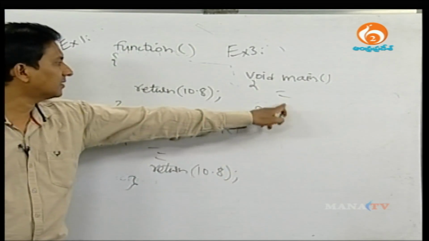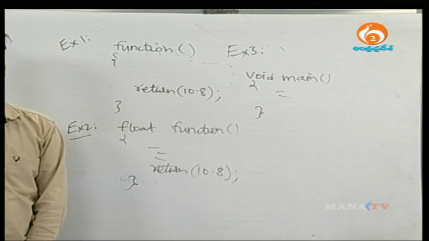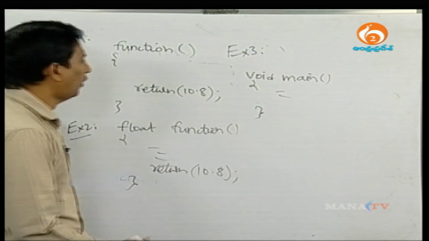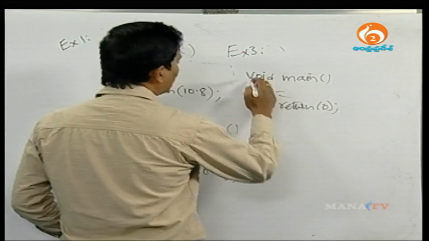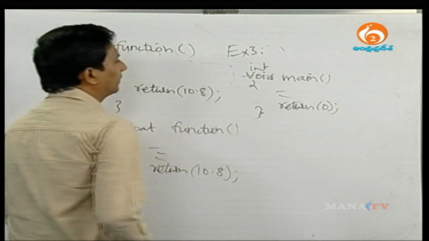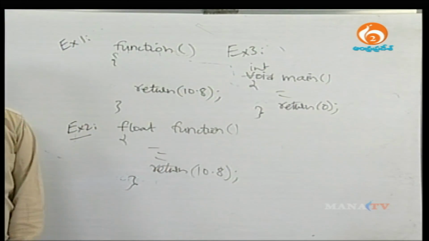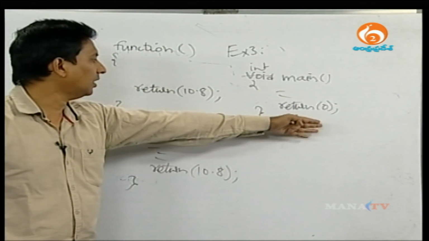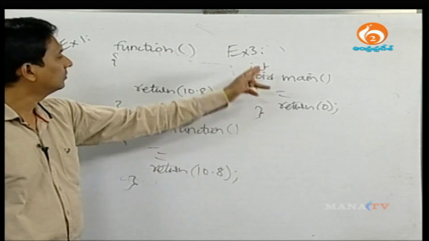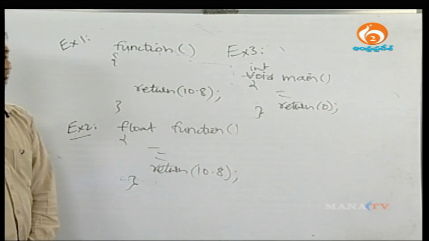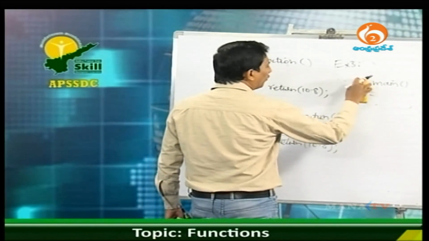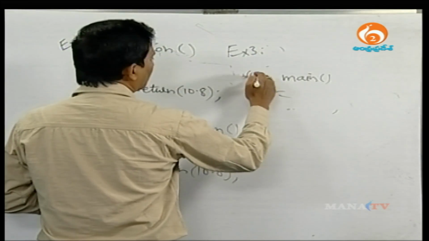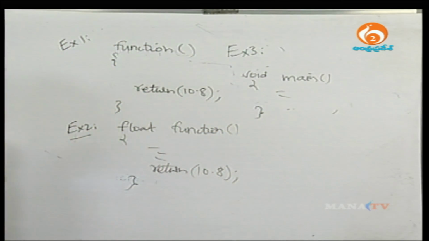In some books we can find that the return type of the main function is int, and then we have to write return 0. So 0 means we are not returning anything, only 0 is returned. If you don't want to write any return statement here, then it is better to write void here.